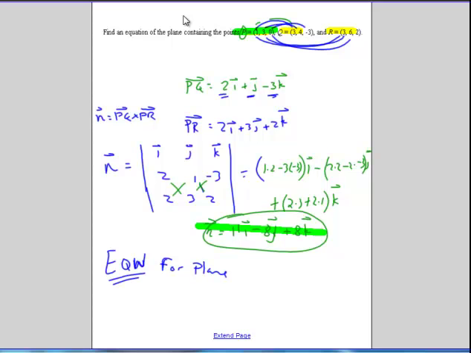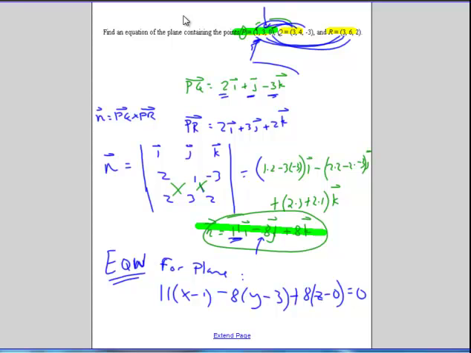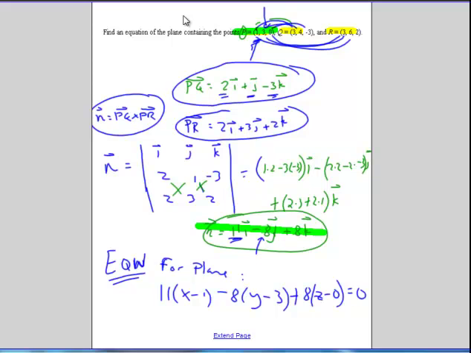The equation for the plane is going to be 11, that's that coefficient, times x minus 1, the 1 coming from there, minus 8 times y minus 3, 3 coming from there, the 8 coming from here, plus 8 times z minus 0 equals 0. And there's an equation for the plane, and we got that by finding 2 vectors, crossing them, the cross of them equals the normal vector, and then using what we knew before about having a normal vector and some point, which gives us an equation for a plane.